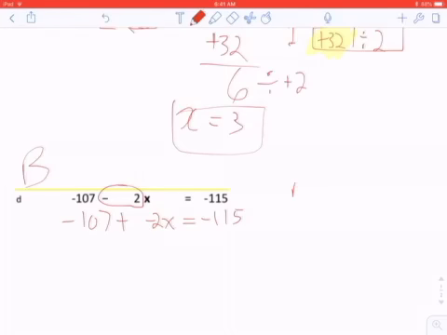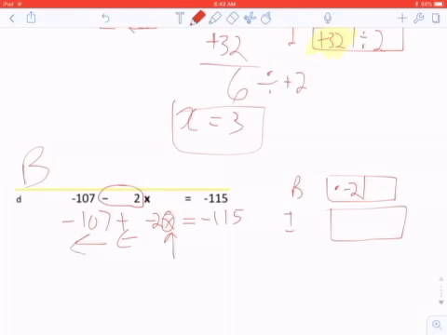Okay, so BEDMAS, inverse. The first operation is to multiply by negative 2, because I look at what happens to x. I always start with x. Then the next thing I'm going to do is add negative 107, because I read away from x. If I'm adding negative 107, that means I am subtracting 107.